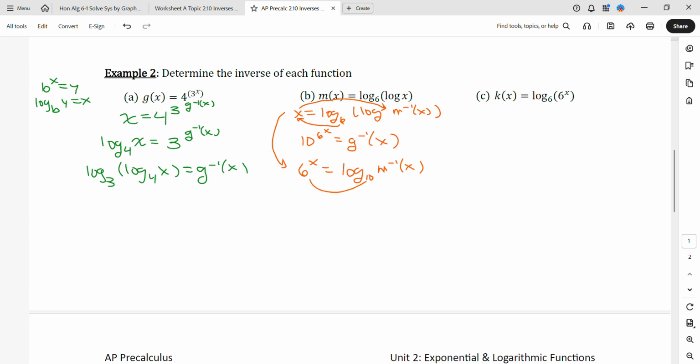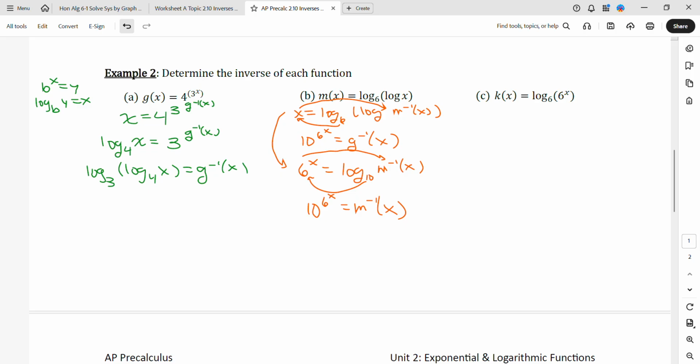Here, raised to that equals that. Same answer, just using a different method.